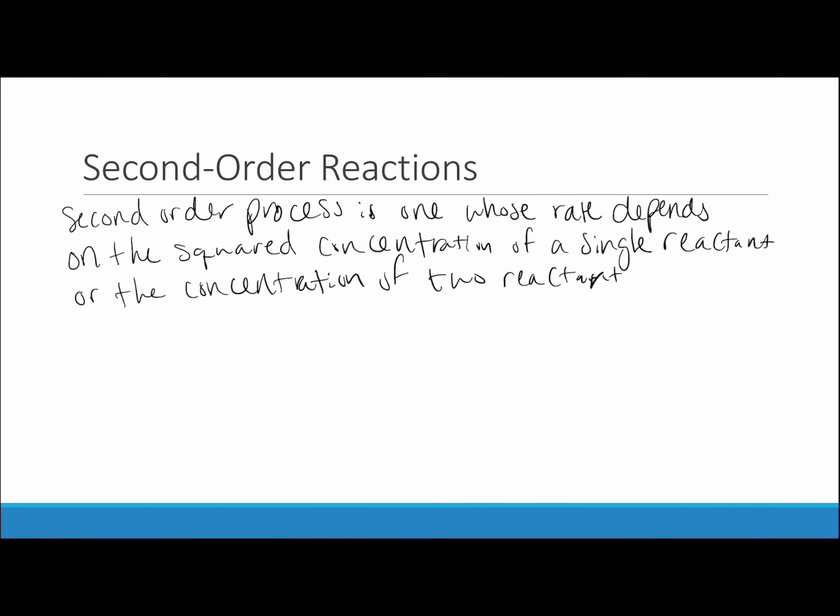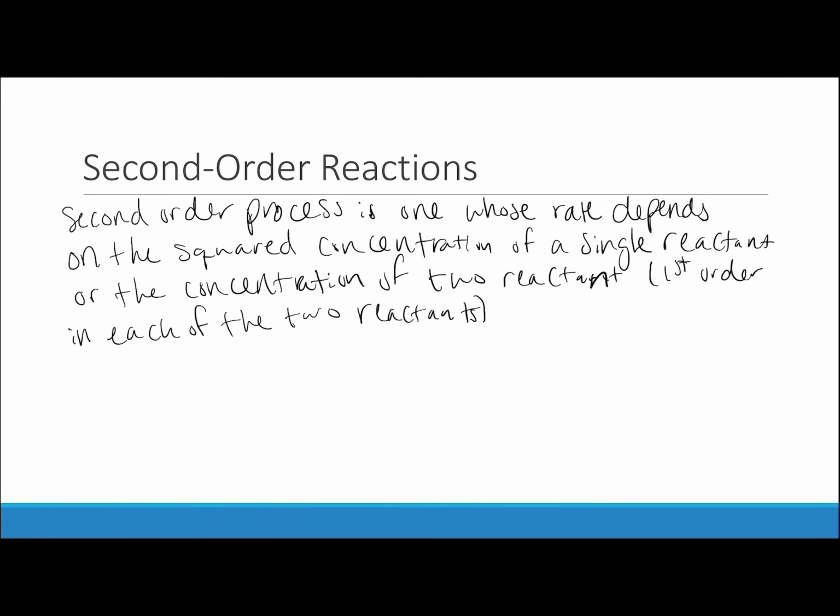And if we are second order because of two reactants, that means we're first order in each of the two reactants, giving us an overall second order process. So those are two ways that we can have a second order process.